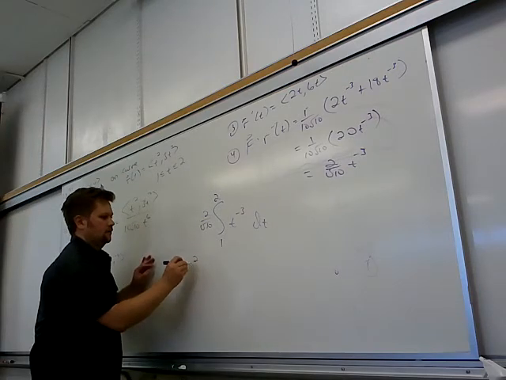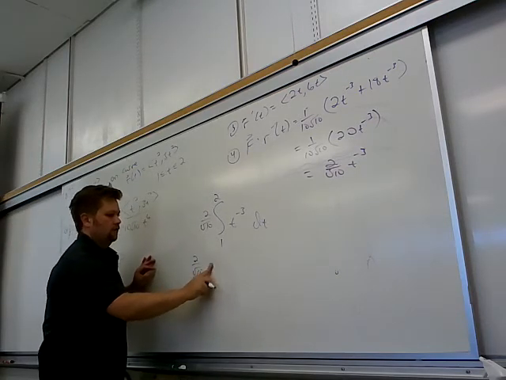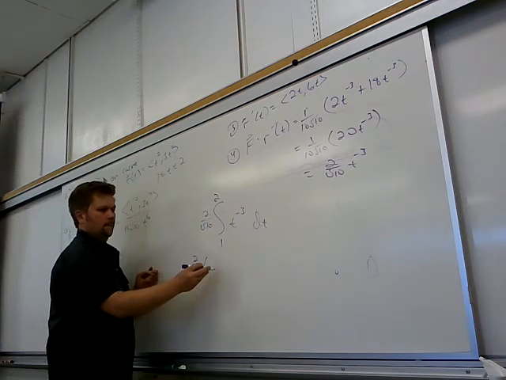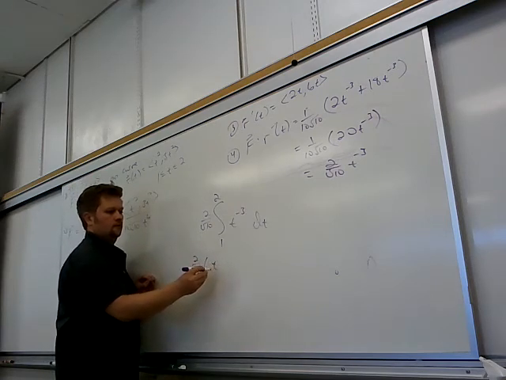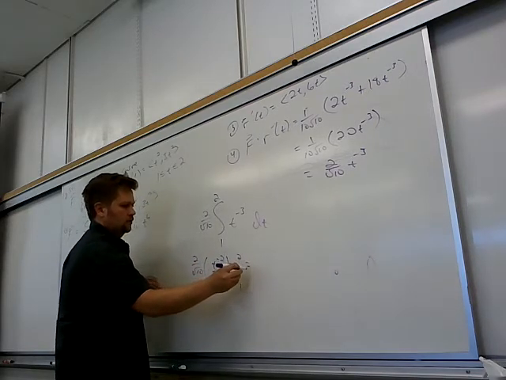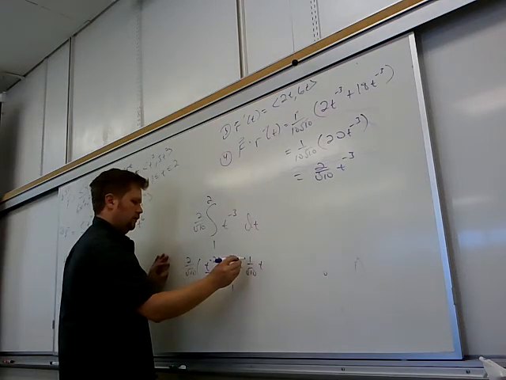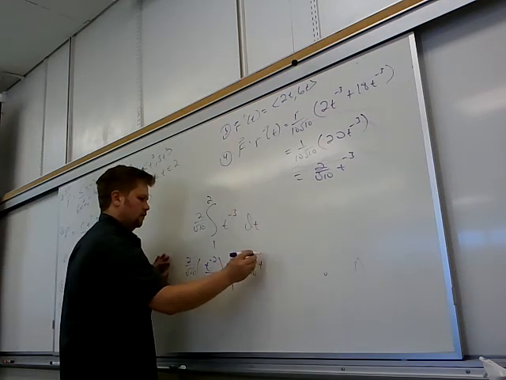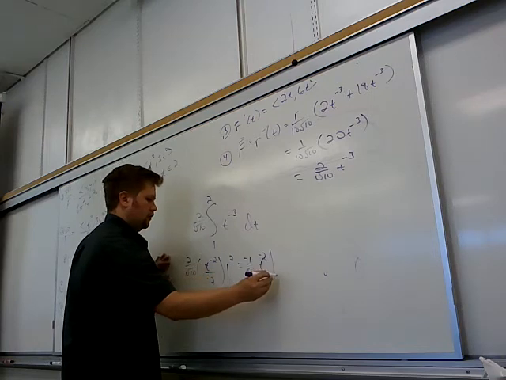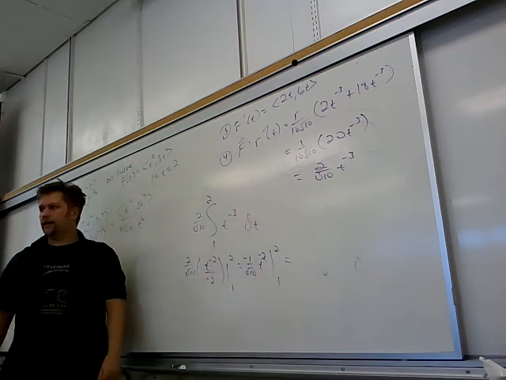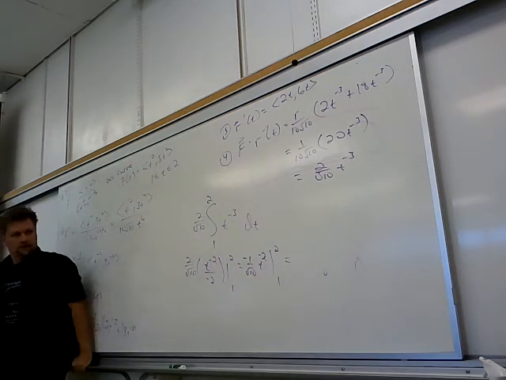So this is easy, right? 2 over root 10. What do you get when you do the integral? Good. Divided by -2. So those go away. So that's 1 over root 10 negative t to the negative 2 from 1 to 2, and whatever that is, an ugly one.